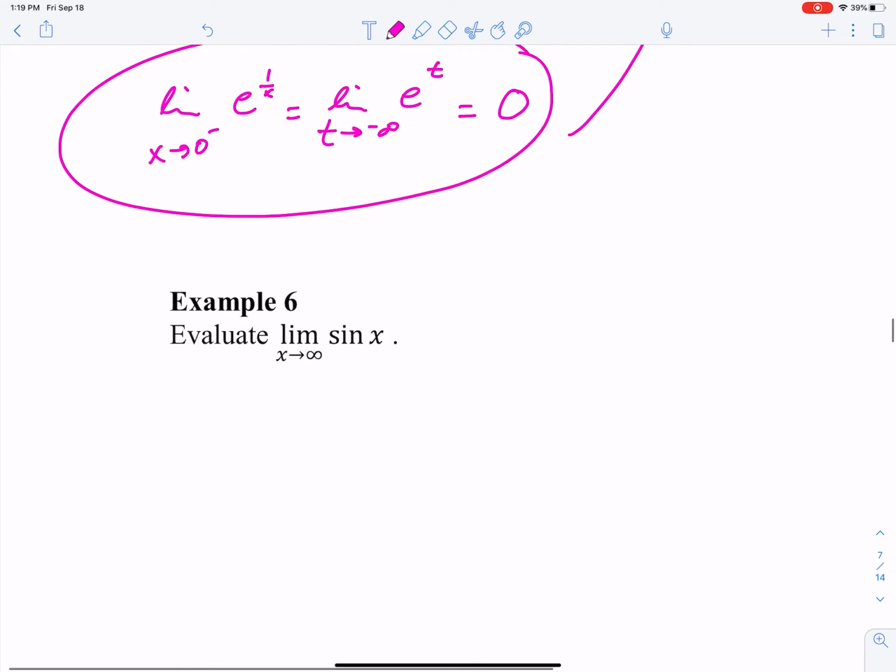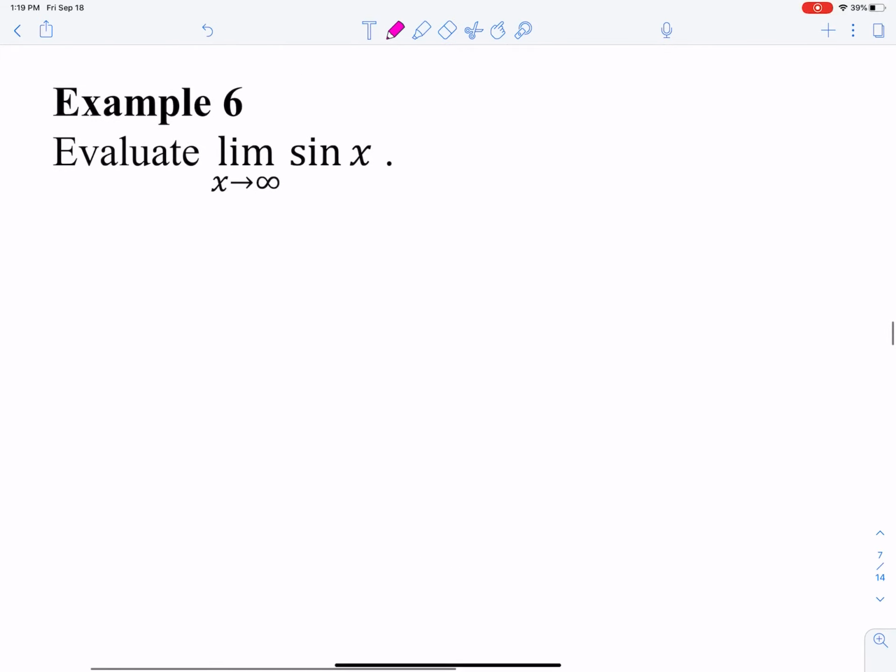All right, another one here. Ooh, trig. Everyone loves trig, right? Well, I do. But I'm a math teacher, I guess I should. Example 6. Evaluate the limit as x approaches infinity of sine of x. You're probably thinking, oh, there must be some fancy, crazy, 5-page long algebraic way to do this. Nope.